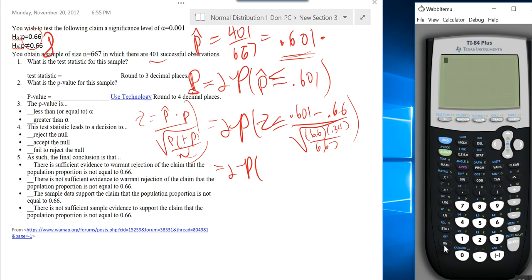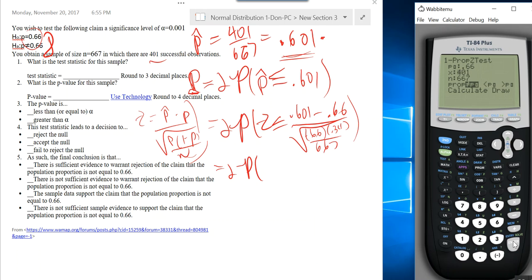And it turns out that if you do all of that, I'm going to turn on my calculator, go into stat and over to tests, and this is a one proportion z test, so I'm going to hit 5 there. You can see I've already put in the values: 0.66 for my hypothesized proportion, 401, 667, and not equal to.